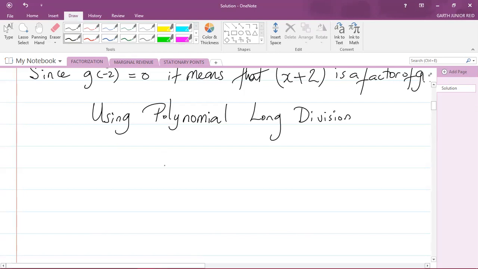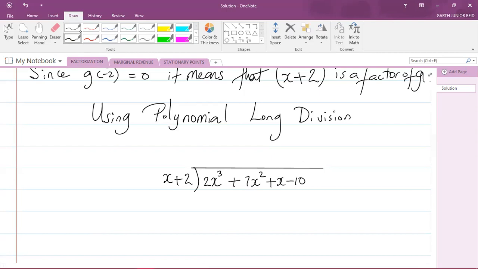I'm going to have x plus 2 here, and I'm dividing the g of x by x plus 2. So that's 2x cubed plus 7x squared plus x minus 10. I'm going to draw my line here. Excellent. Let's just now do our division.